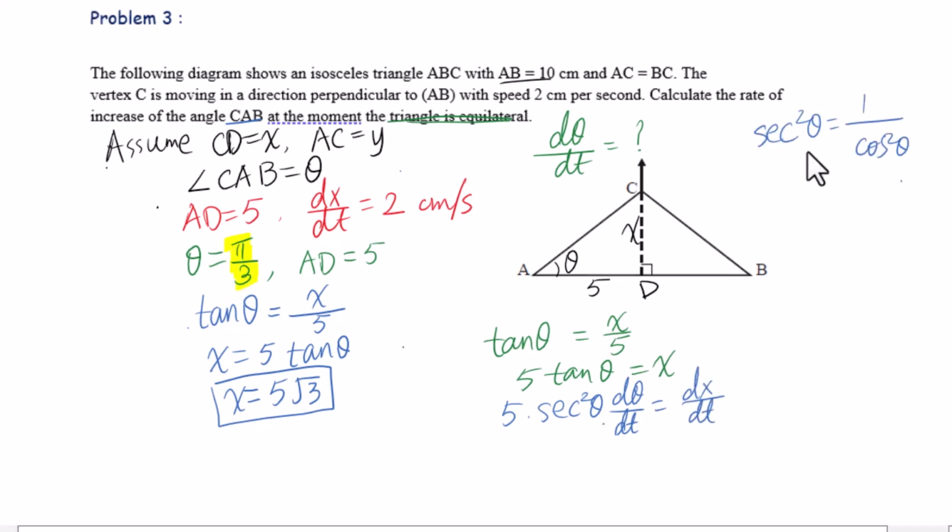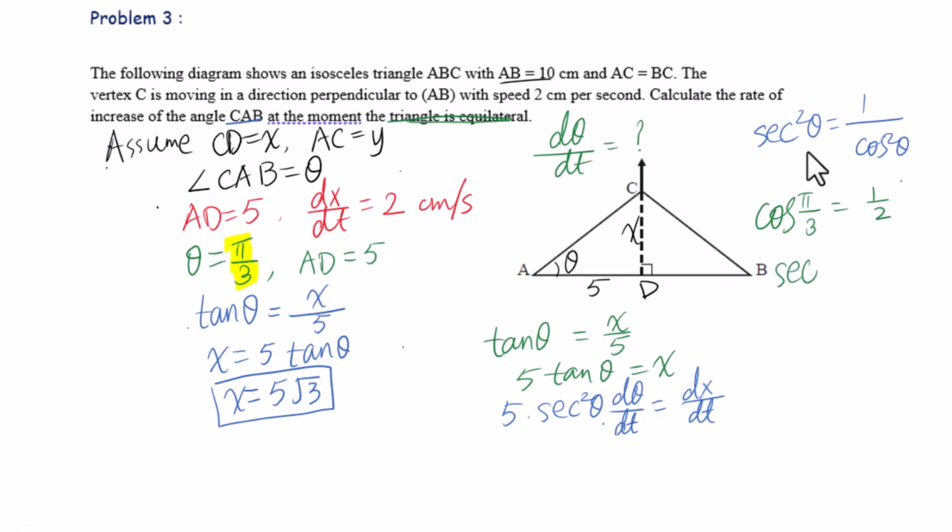Since secant squared theta equals 1 over cosine squared theta, and cosine of pi over 3 equals 1 over 2, therefore secant squared of pi over 3 equals 1 over (1/2) squared, which is 1 over 1/4, equals 4.